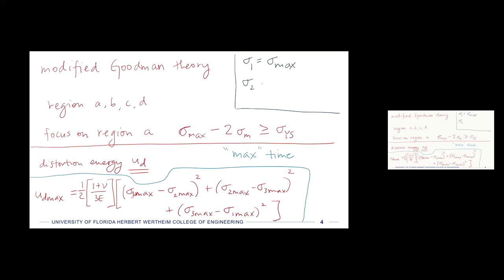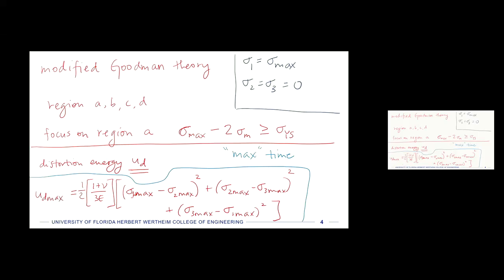The other principal stresses are 0. So now we can go through and cross off anything with a 2 or a 3. We're assuming that our axial stress is the cyclic stress, and we're going to equate our multi-axial stress state to that.